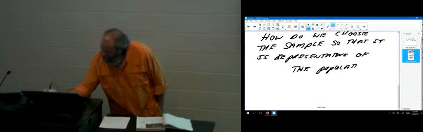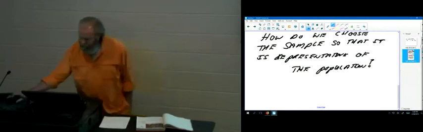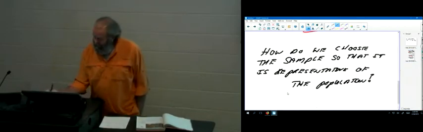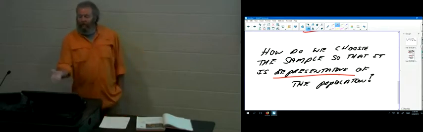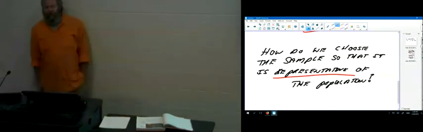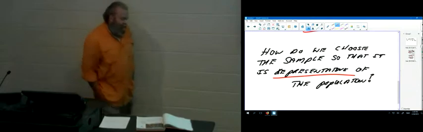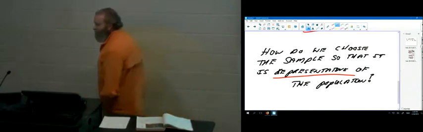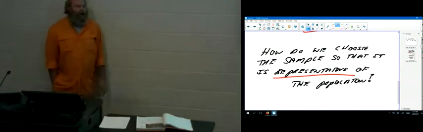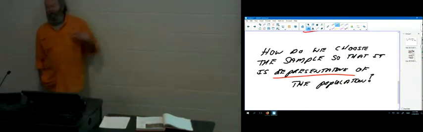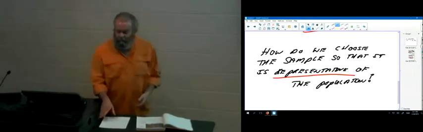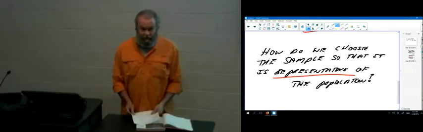So the magic word here, and I'm going to beg for this through most of this chapter, I want a sample that represents our population. In other words, how am I going to go from this large group down to this smaller group? How am I going to go from like a million college students down to, let's say, 500 of them, and have those 500 fairly represent what the population looks like? All right.